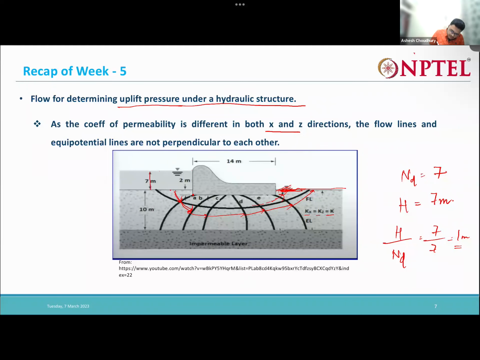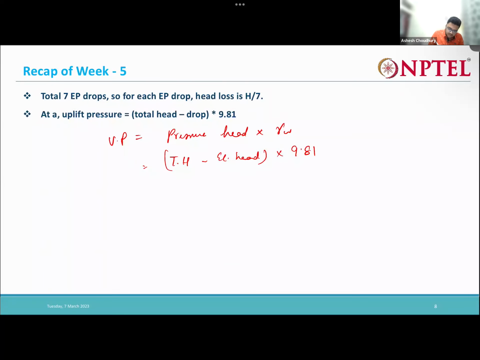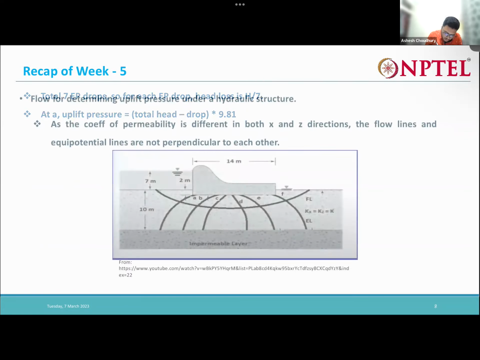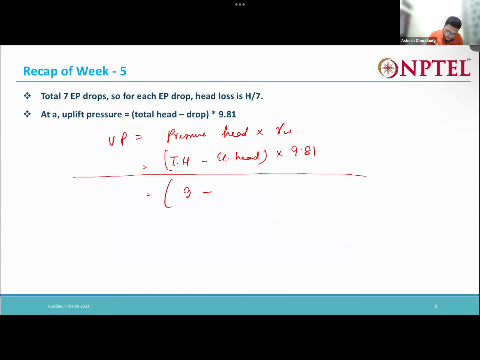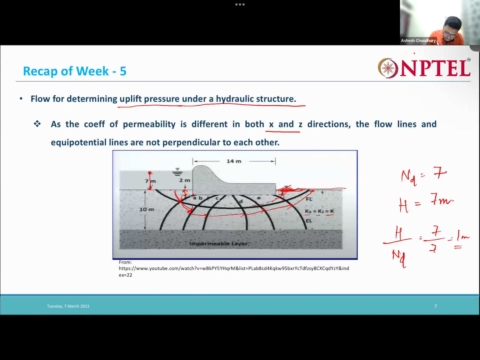This is 7 meter plus this is 2 meter, as given here. So my total head is 7 plus 2, equal to 9. Forget about the elevation; directly you are finding it using total head minus the drop of heads. Total head here is 9.